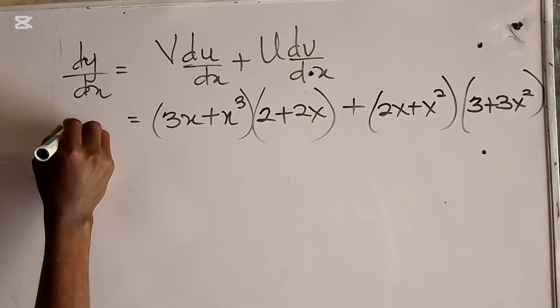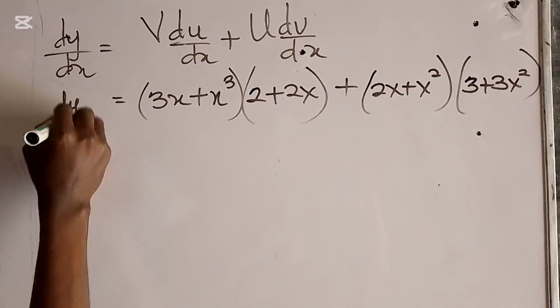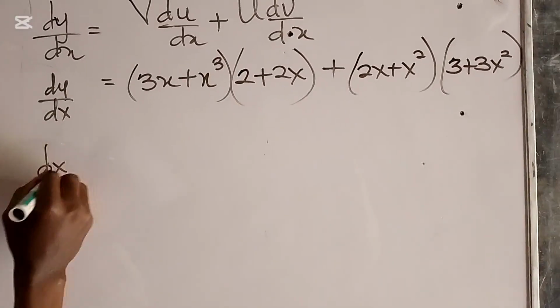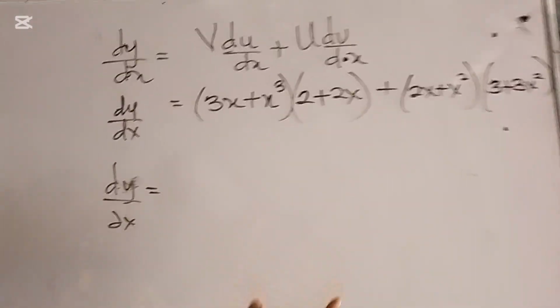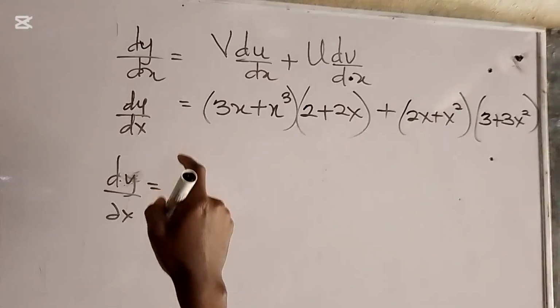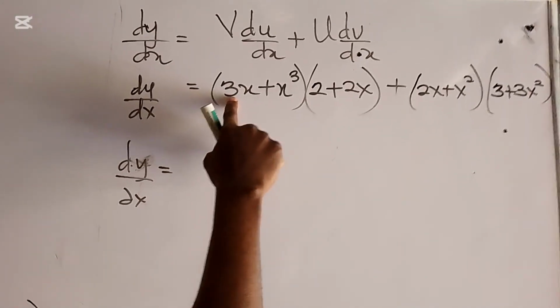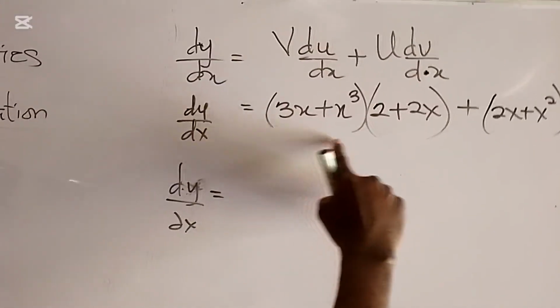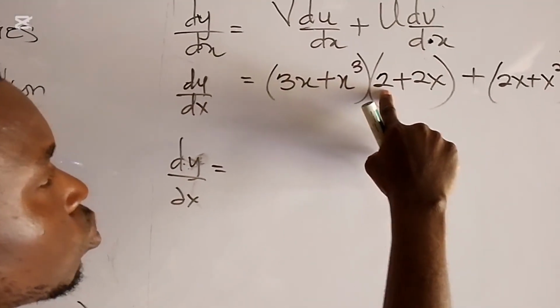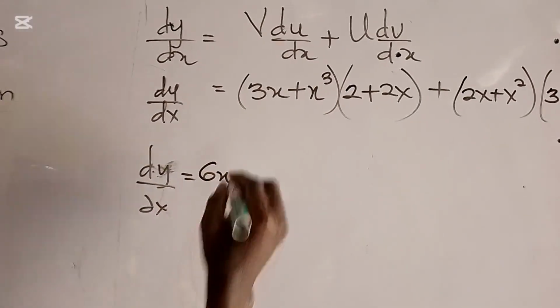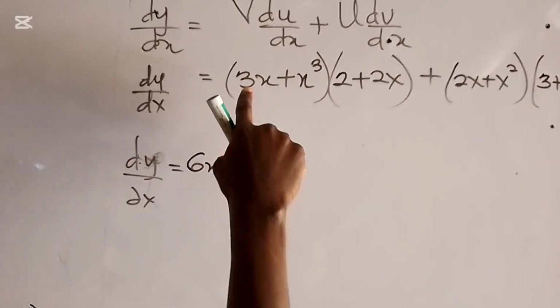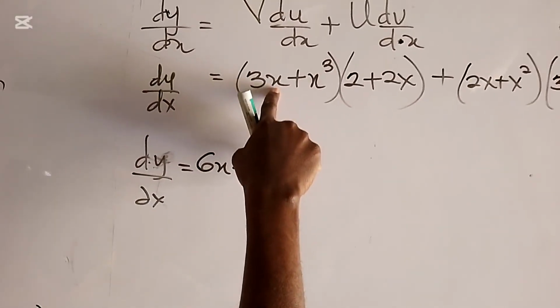Now, let's do the multiplication. Let's open the brackets. Algebraic expression. So 3x will go and multiply 2. It will give us 6x plus 3x will go and multiply 2x.